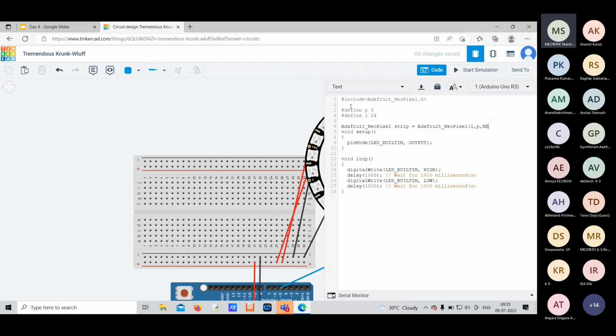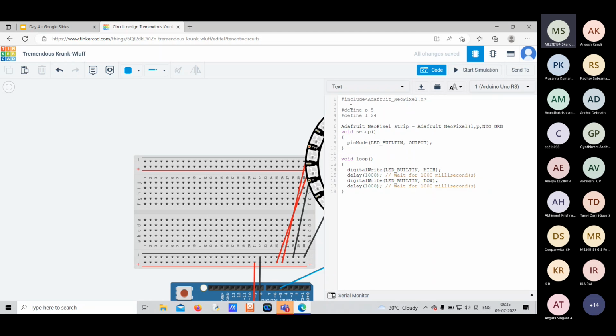So NEO_GRB. There's a specific way of writing these 3 colors. Why am I writing GRB instead of RGB? I'll show you in the code that if I write RGB or BGR or BRG, there can be changes in the colors that you are going to get.